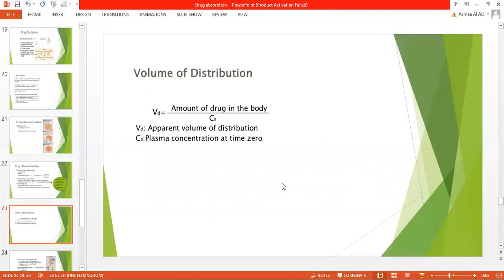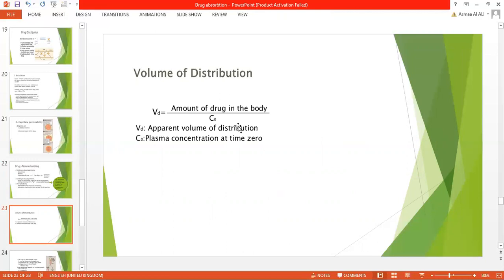Here, how can we calculate volume of distribution? The apparent volume of distribution, VD, can be thought of as the fluid volume that is required to contain the entire drug in the body at the same concentration measured in the plasma.